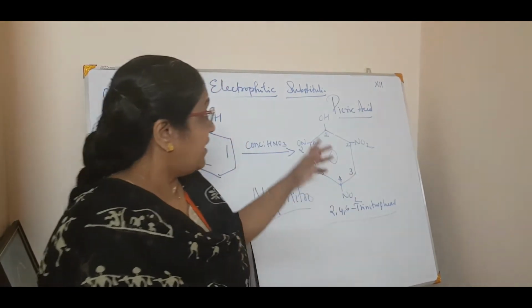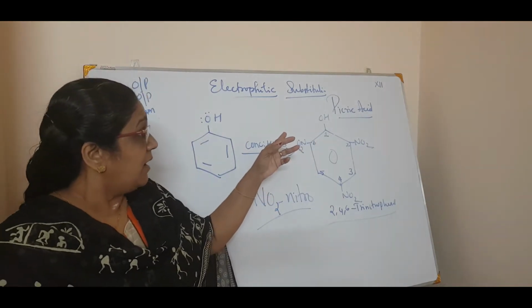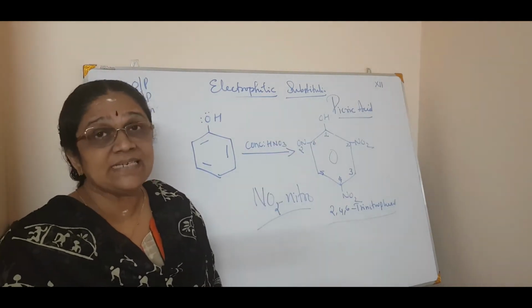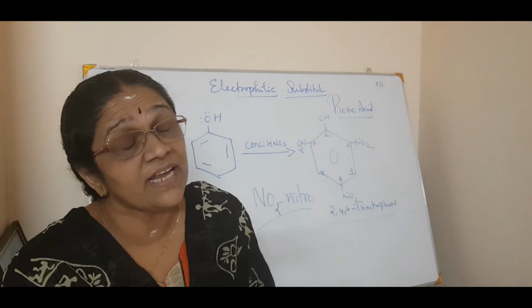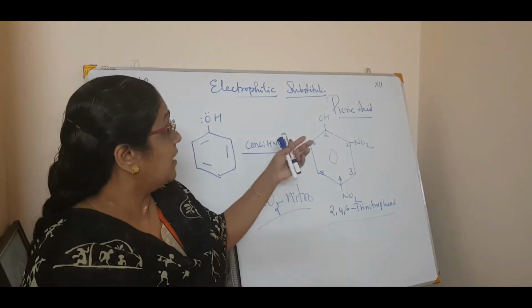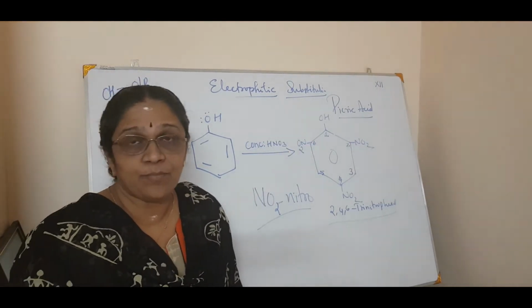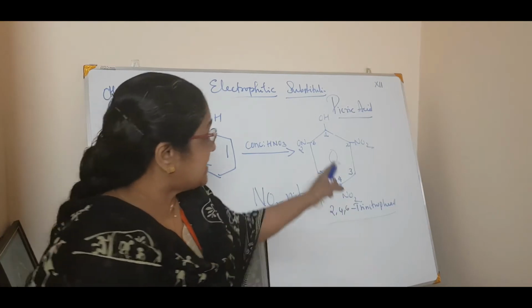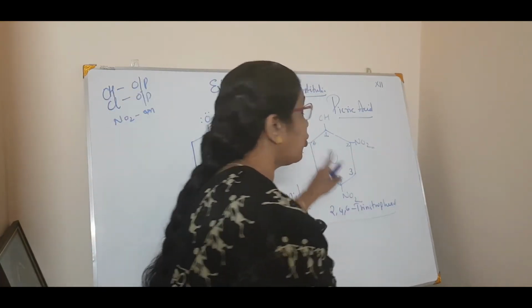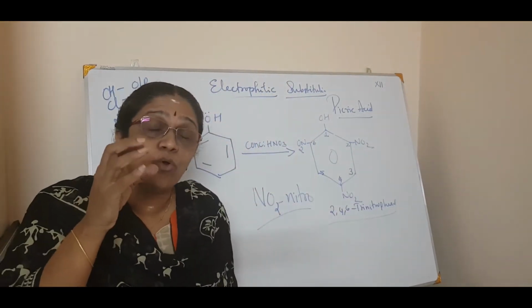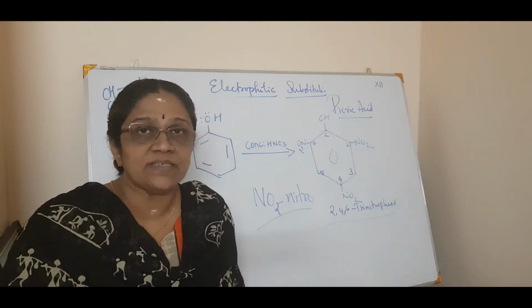So whenever H plus is liberated, we say it is an acid, a proton donor. Since it contains 3 nitro groups, you know each nitro group is an electron withdrawing group, isn't it?